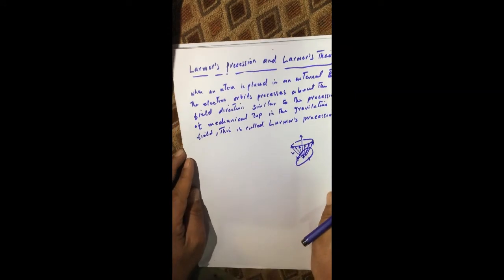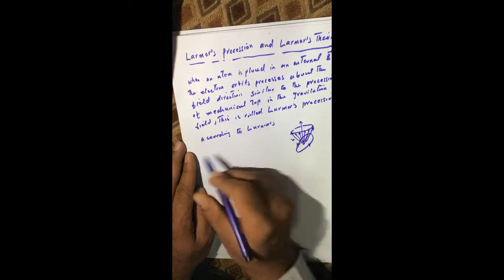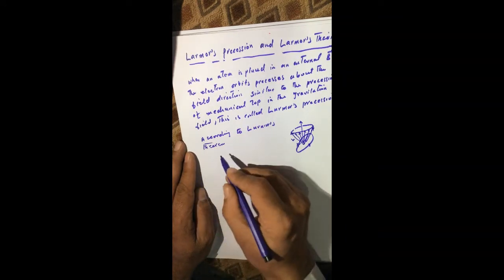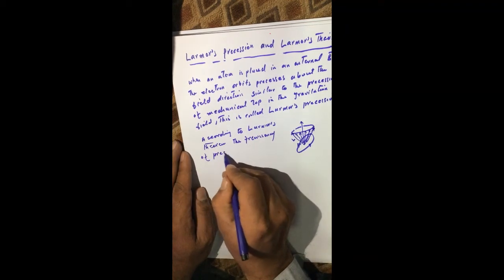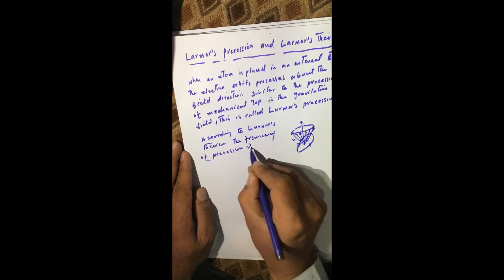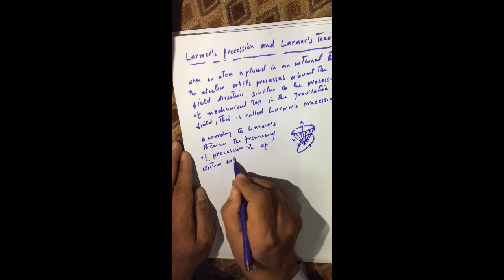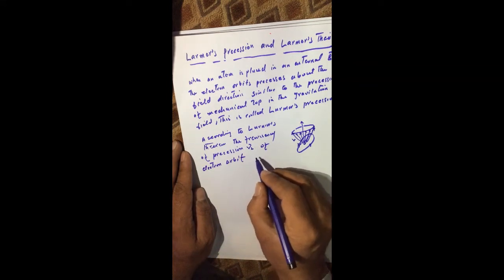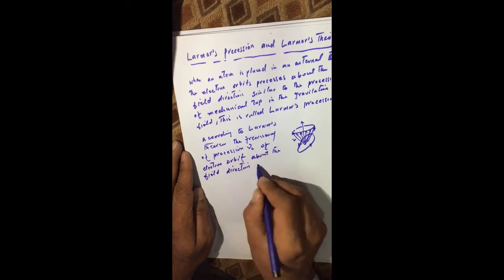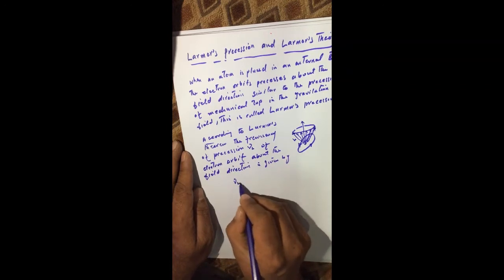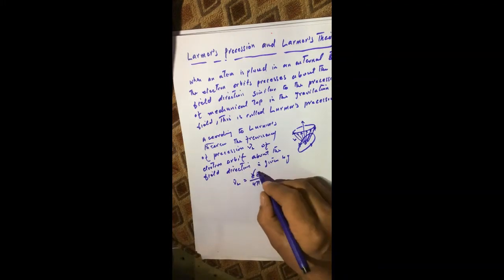And according to Larmor's theorem, the frequency of precession, which I represent by this letter nu L, of the electron orbit about the field direction is given by nu L is equal to eB over 4 pi m, where e is the charge of the electron, B is the external magnetic field, and m is the mass of the electron.